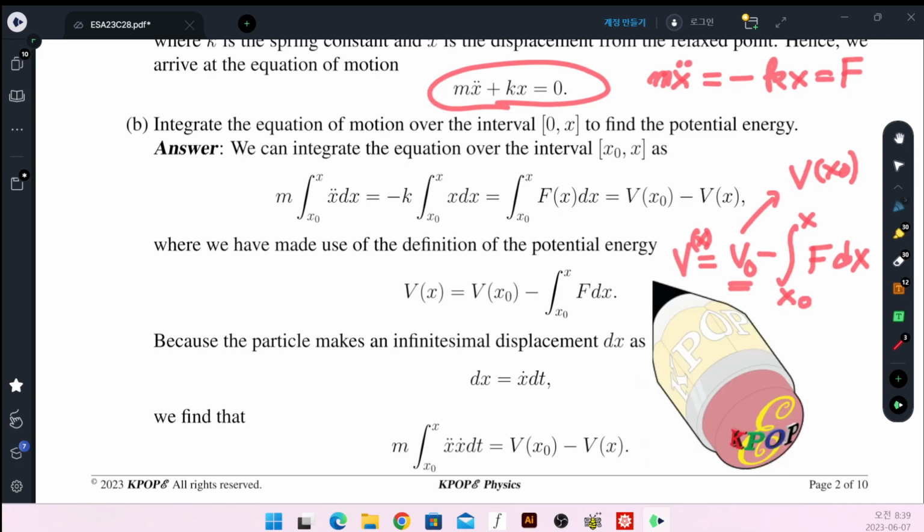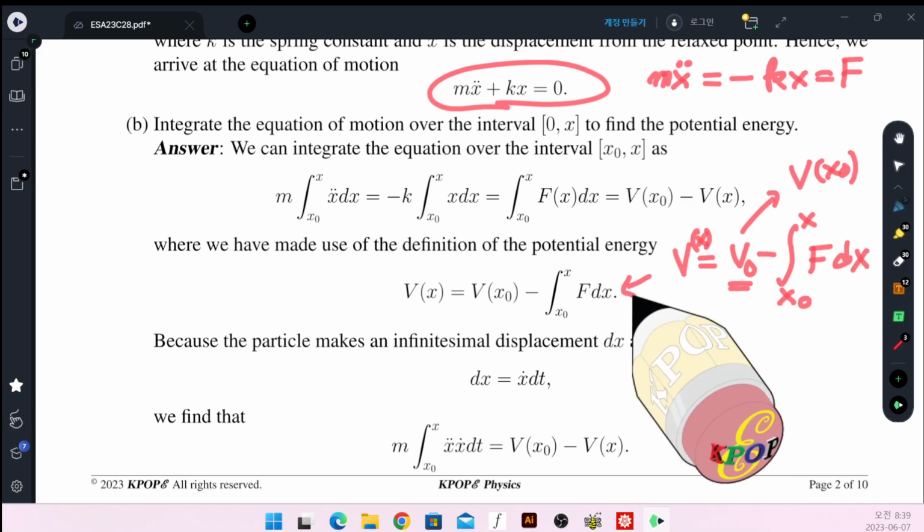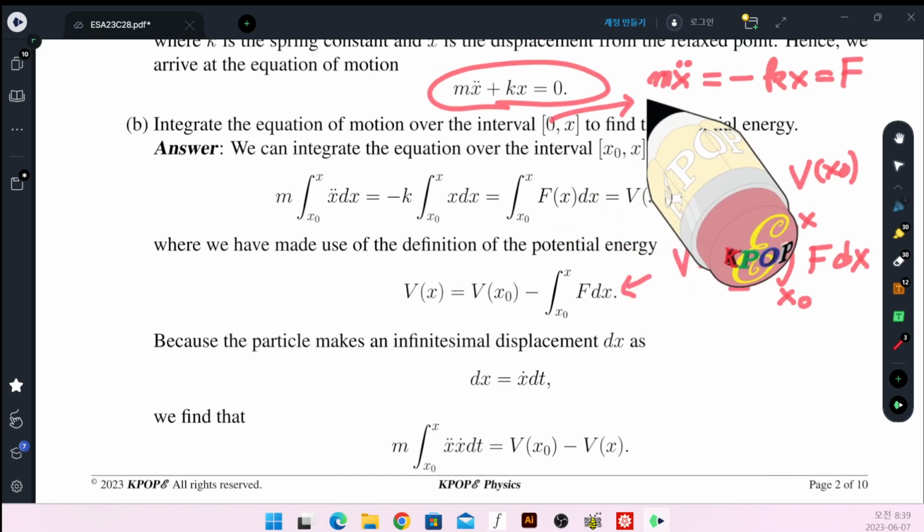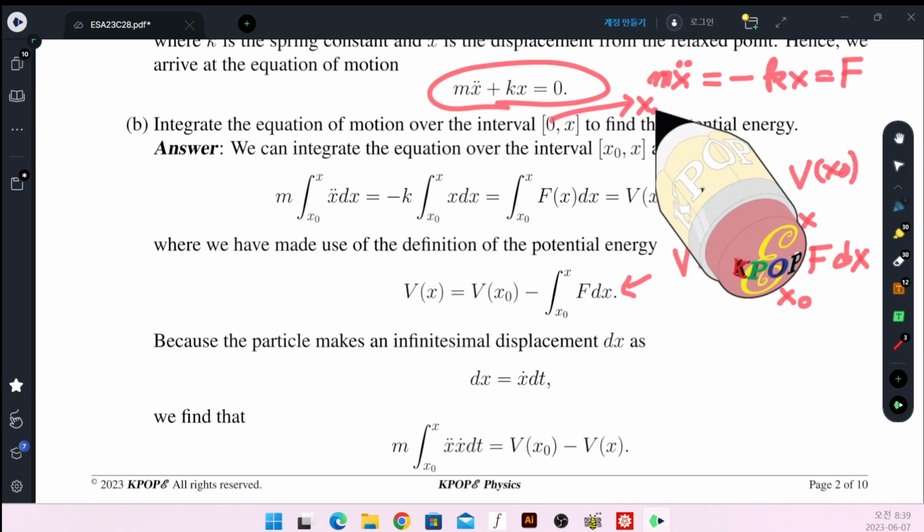So this is given in here. We would rather rewrite this one, replacing this 0 with x0.